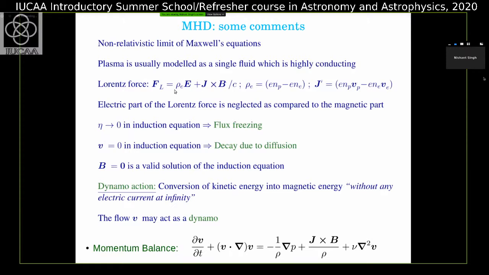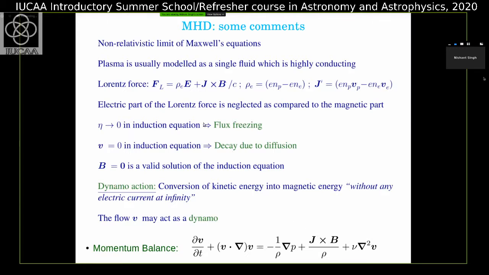After all, for a single charge, what will you write as the force? qE plus qv cross B. If you take the ratio of this term divided by this term, you will find that it is of order V squared by C squared. That's why the electric part of the force is 0 in this non-relativistic limit. So the Lorentz force can be directly added to the right hand side of the momentum equation.